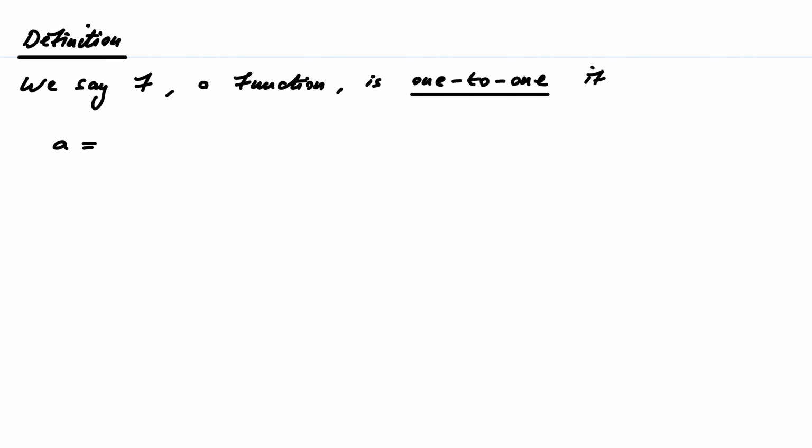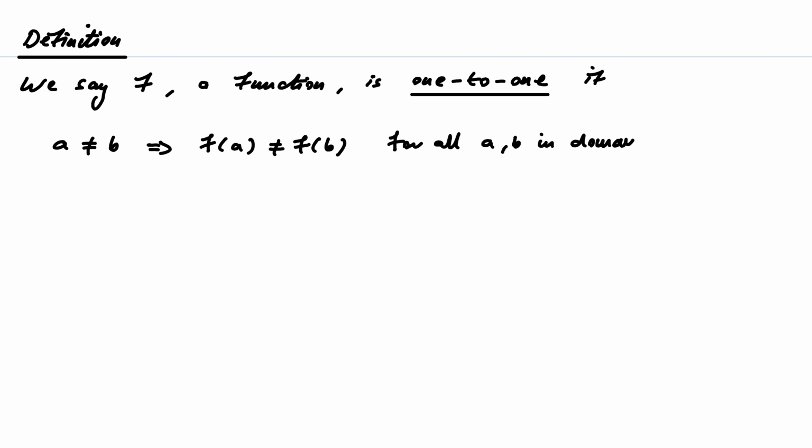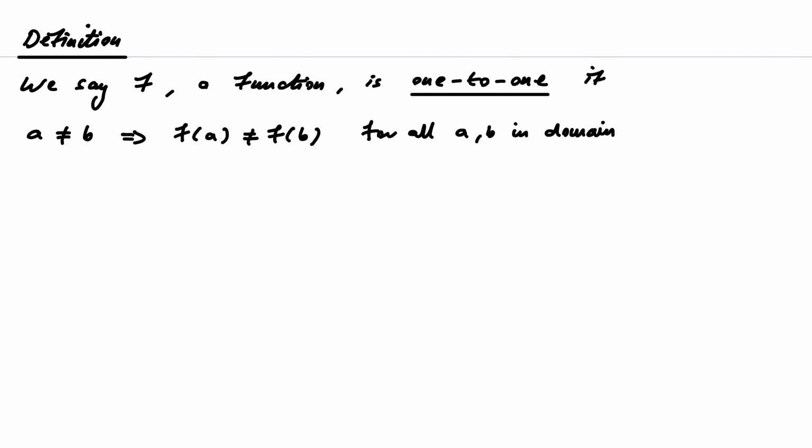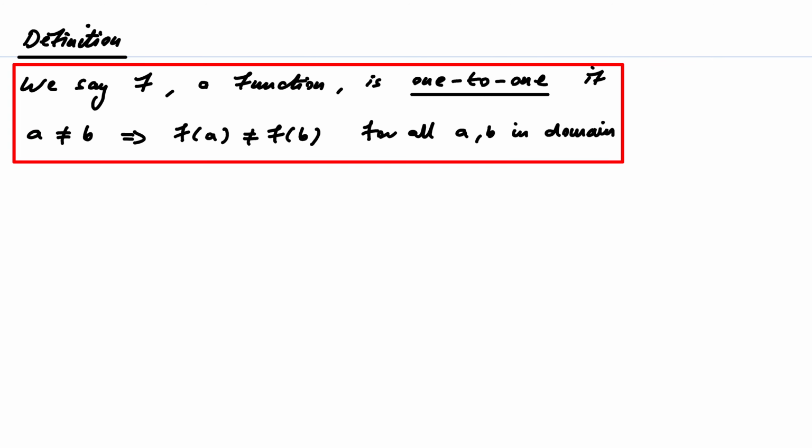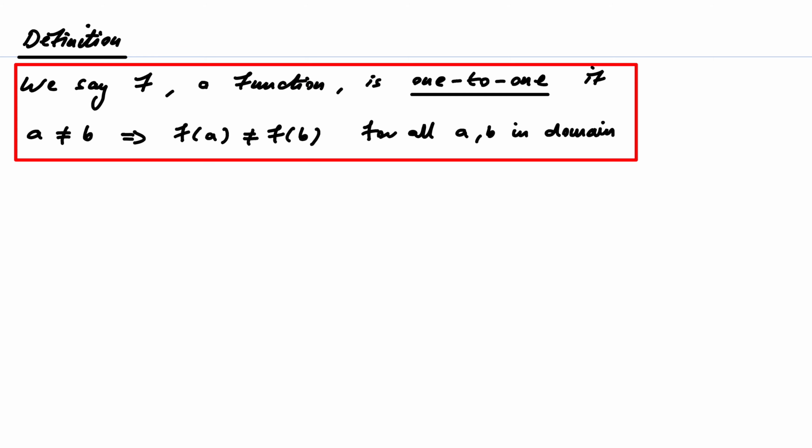So if I take 2 distinct numbers in the input, in the domain, this implies the outputs are not the same. Okay, so this would be for all, so this is a global property, for all A and B in the domain. Okay, so it's an important definition.